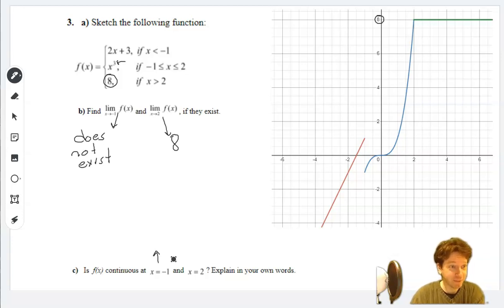And they must be the same thing. So this one, no, not continuous. This one, however, yes. This is continuous because the function at that point exists, it's defined and it's equal to 8, and the limit exists and is also equal to 8. So yes, in that case, it is continuous there.